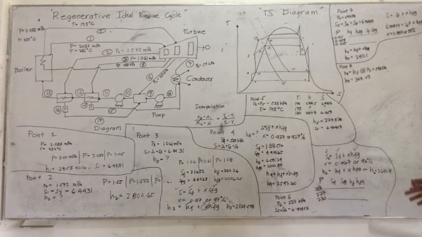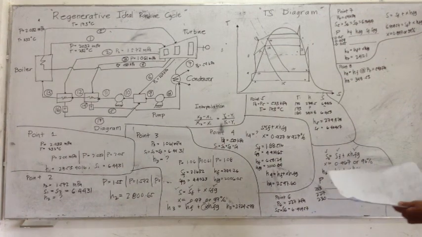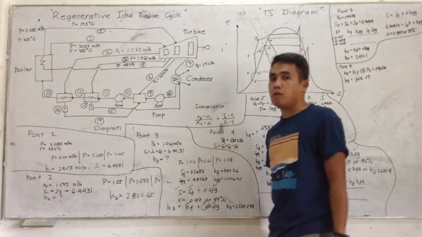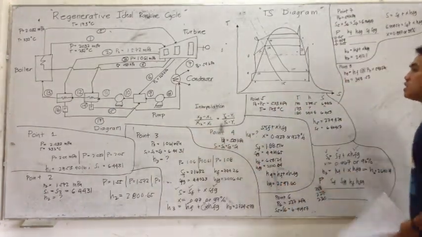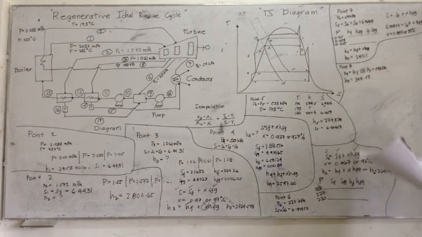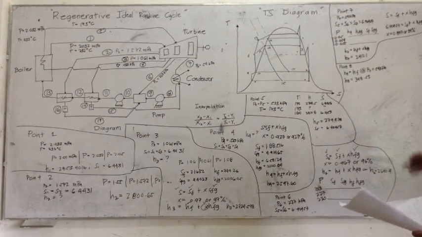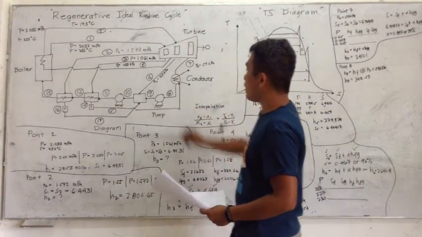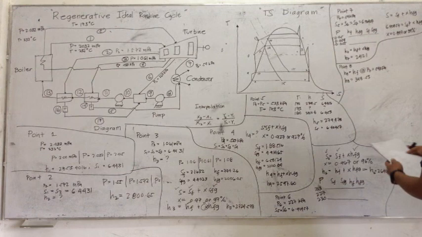What is the missing part here in our point 8? When we talk about the pump, we can directly say that the pump is working. It delivers water. So the missing part is the work of the pump.